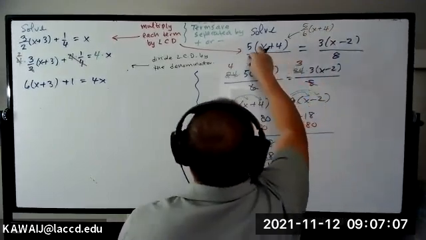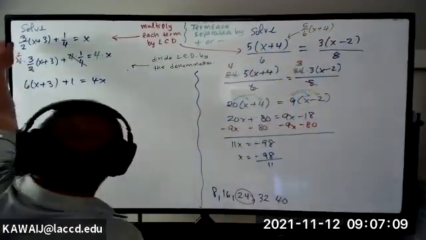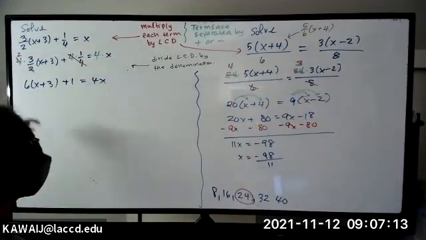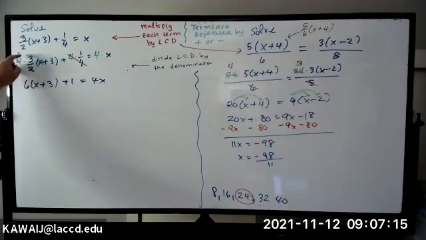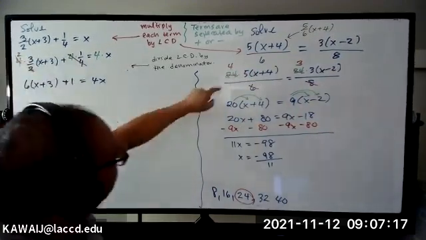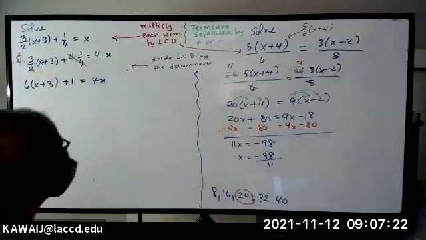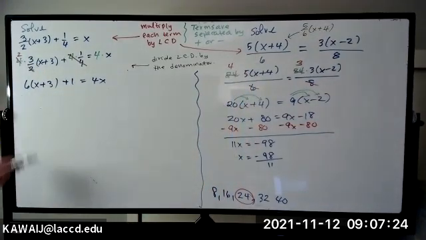You just bring the 6 over here. So this problem is the same problem as that problem, right? Which is why after we cross out the denominator, we're multiplying these two numbers, just like we multiplied these two numbers. So you can think of this and this as exactly the same thing. So go ahead and finish that.